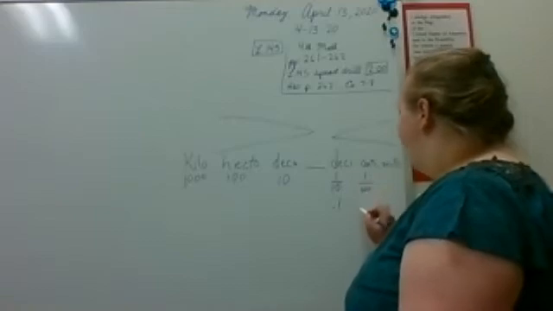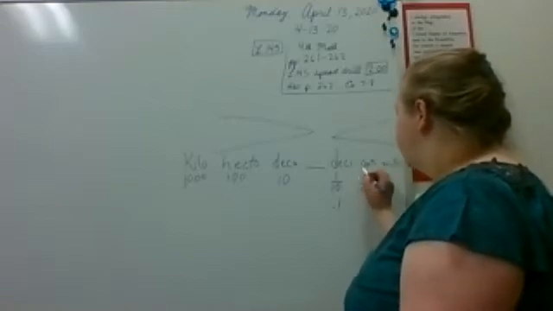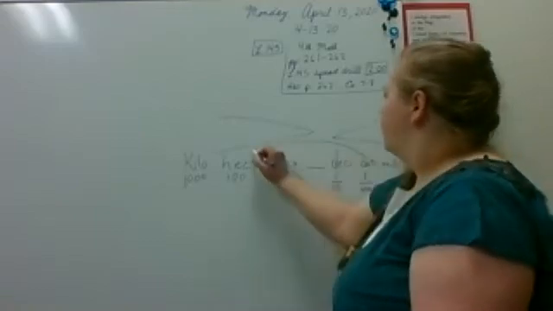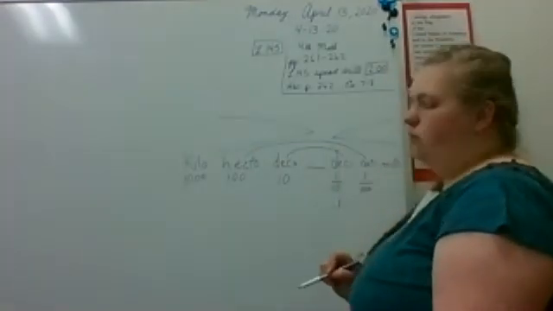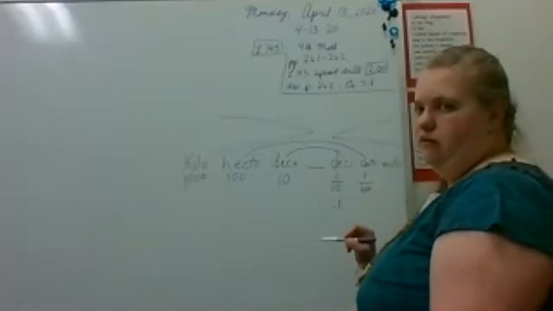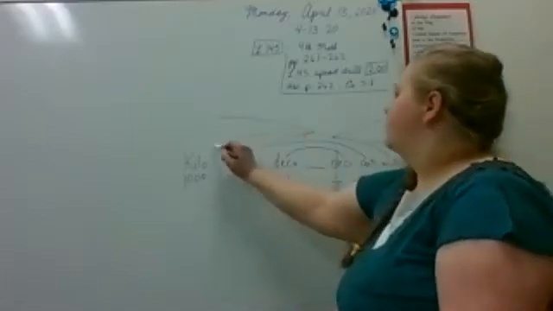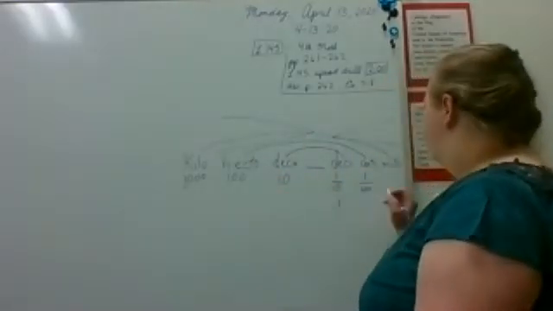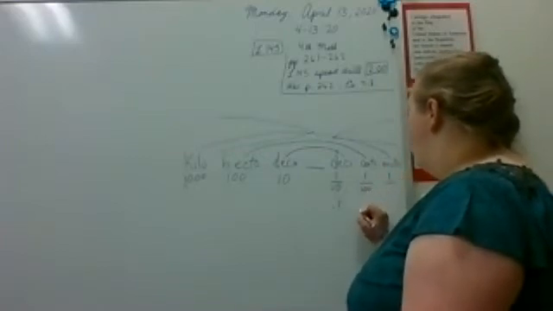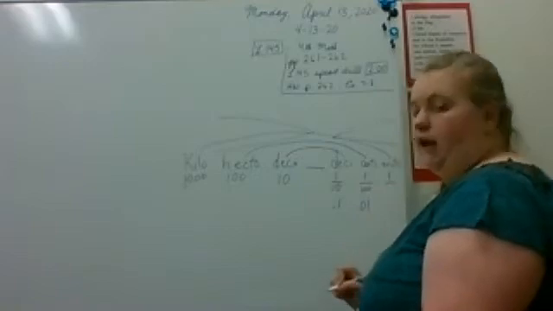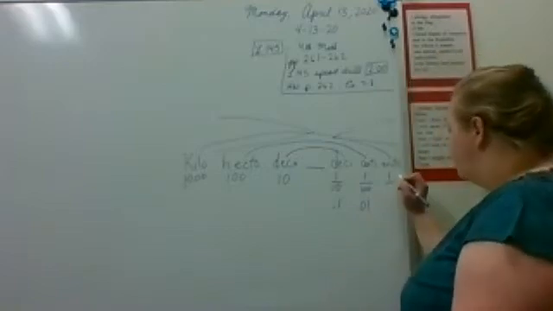Notice that centi goes to hecto. Deca goes to deci. What do you think milli goes to? Milli goes to kilo, okay? So if this one is 1/100th or 0.01, this one is what?